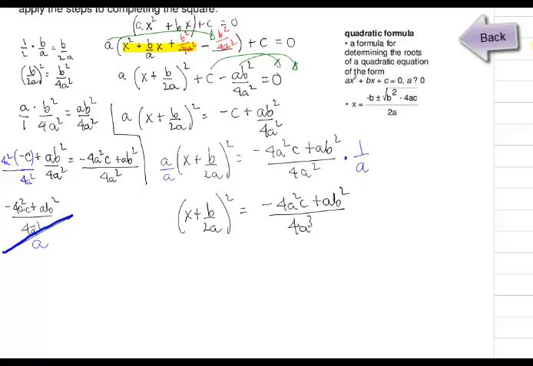Now, if you notice in your numerator here, you have a GCF, which is a. So leave the left the way it is. I'm going to factor an a out of the numerator, and that's going to leave me with negative 4ac plus b squared over 4a cubed.